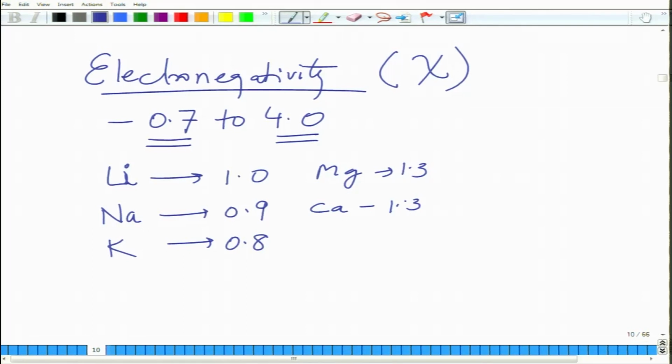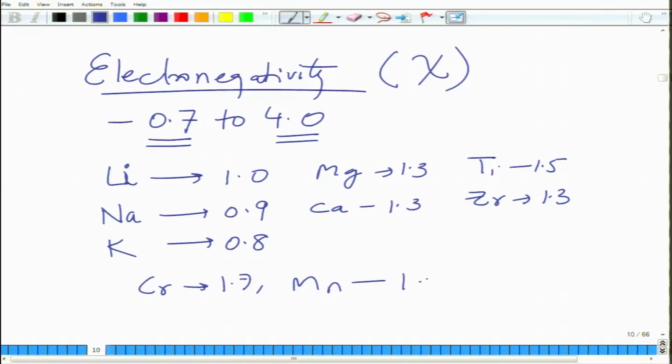If I go a little further, then titanium has a value of about 1.5, zirconium has a value of about 1.3. If I go further right, then I have, let us say, chromium. Chromium has a value of 1.7, manganese has a value of 1.6, iron has a value of 1.8, and your cobalt has a value of 1.9, copper has a value of 1.9.